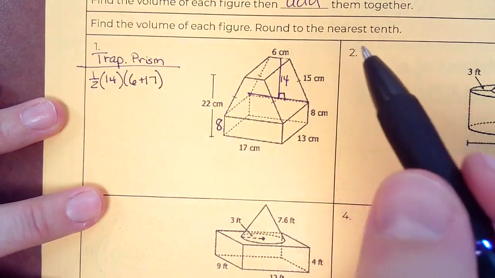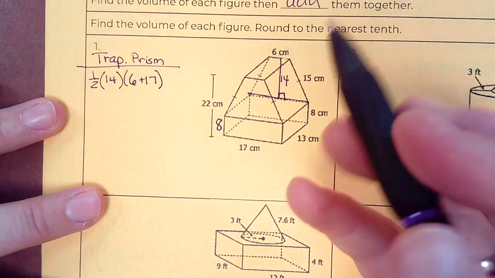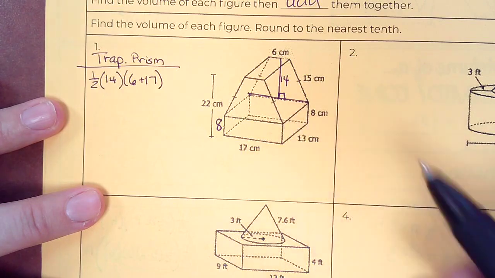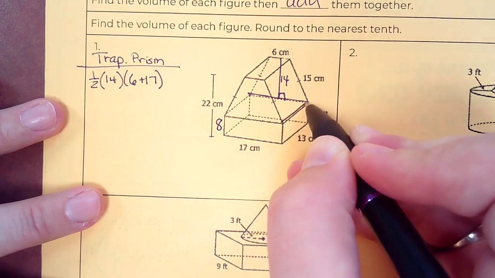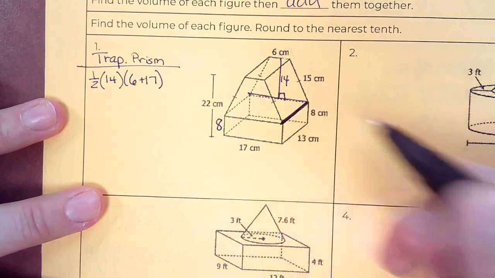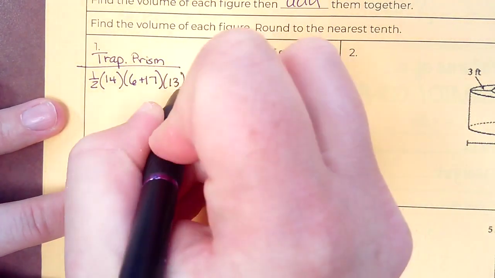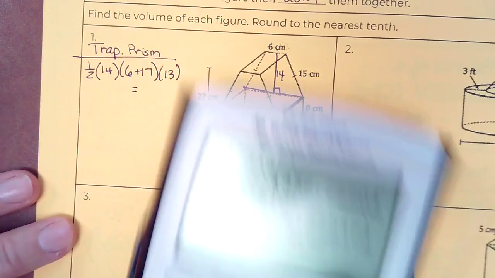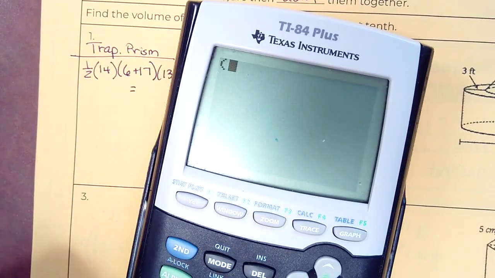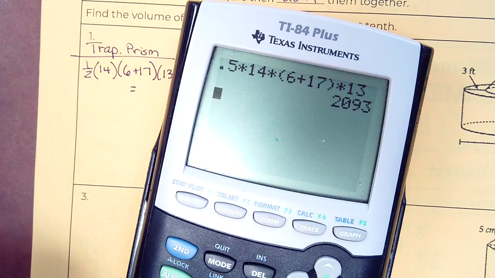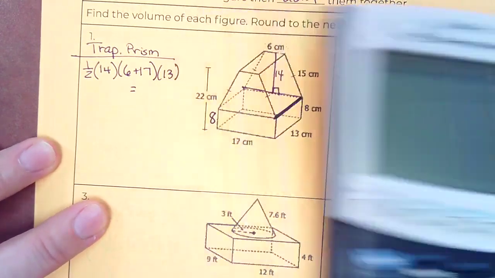And then for the whole trapezoid volume, times the height, so the distance between the two bases, which will be 13. So 1/2 ... 2,093.